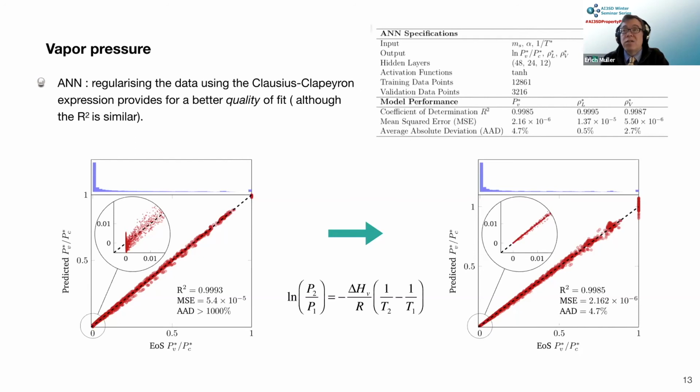In this case, it's very convenient to use the Clausius-Clapeyron equation, which suggests that instead of using pressure and temperature, we should be using the log of the pressure, and instead of temperature, we should be scaling against the inverse of temperature. Putting that information in regularizes the data, and it doesn't look apparent by the R-square that we have improved something. But if you look at the dispersion plot, you see that everything behaves much better.